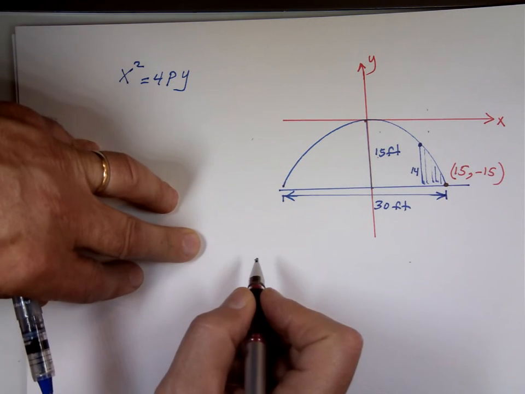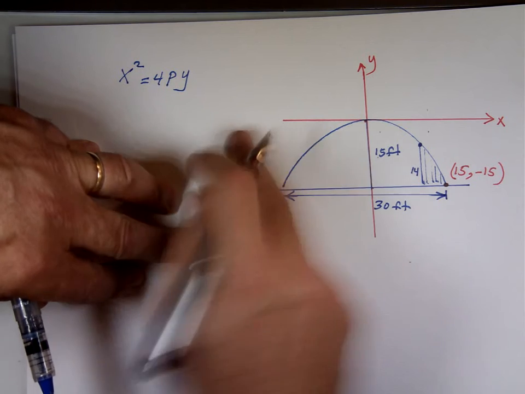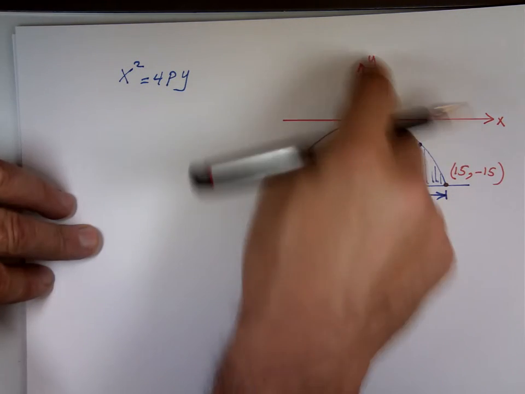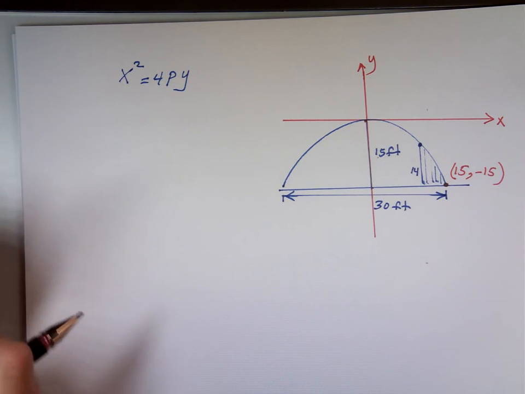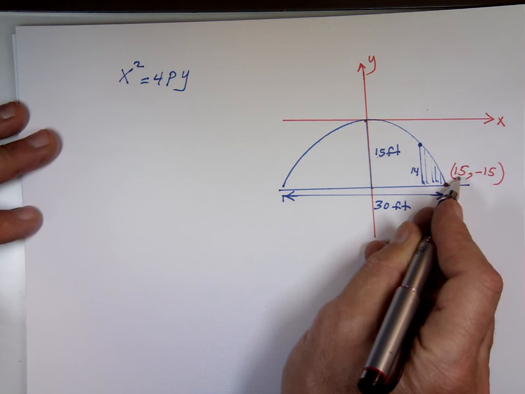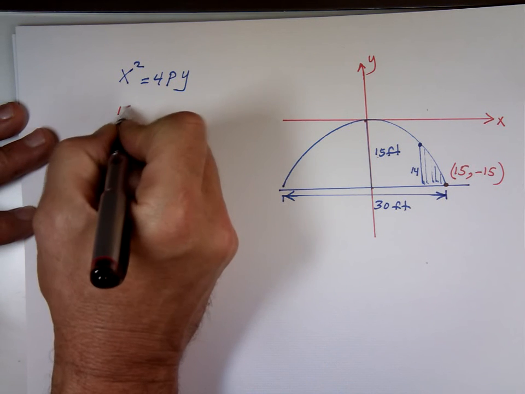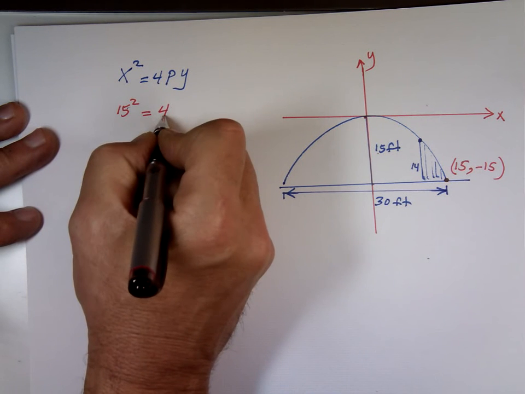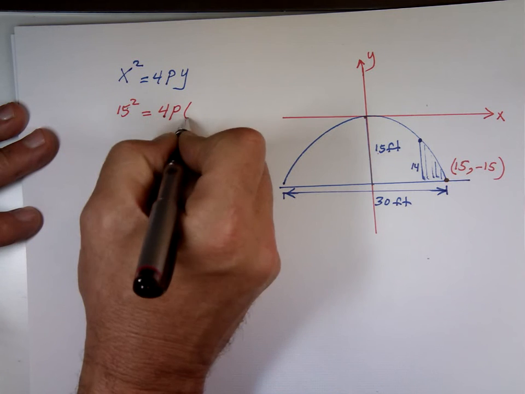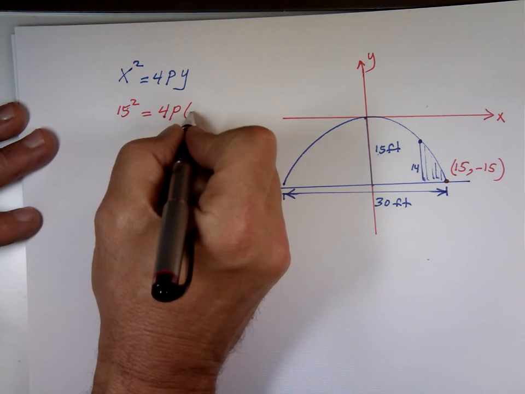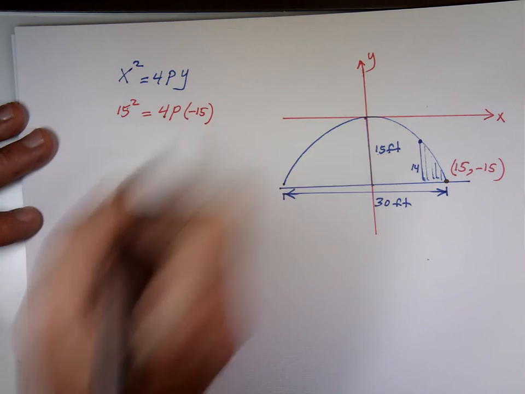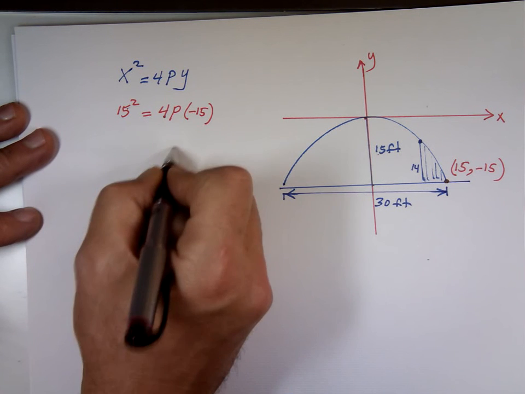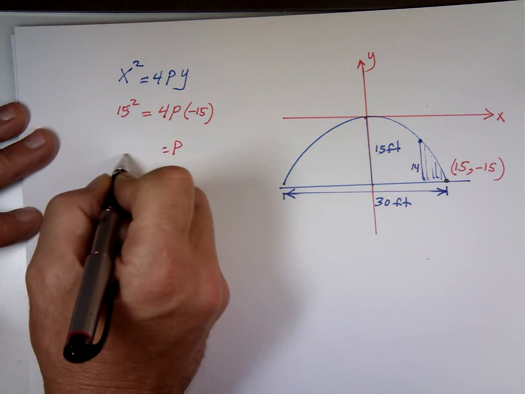When I design this, I use the top as my x, and that's my y. So now we have one point, x is 15. 4 times, what's P? We're looking for it. What is Y? Negative 15. And P equals negative what? 3.75, I think.